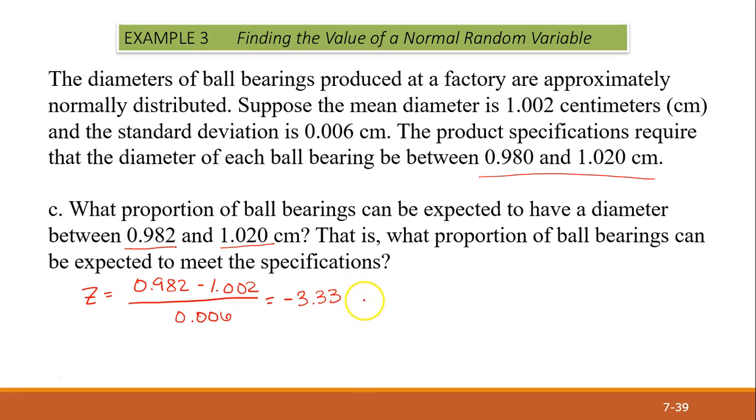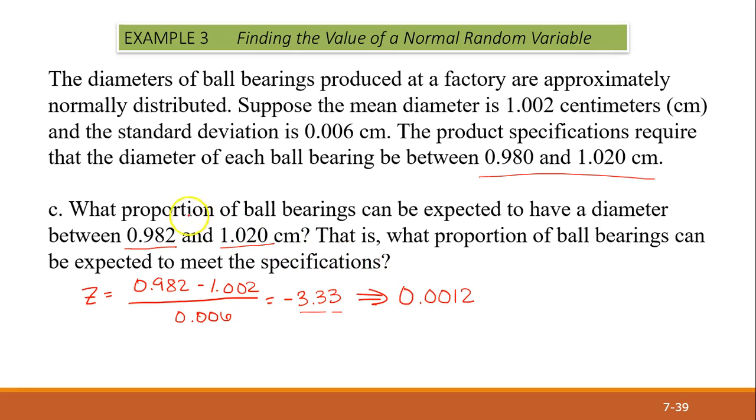And if we go to our z-score table and find negative 3.33, we would end up finding its corresponding area under the curve, which is equal to 0.0012.